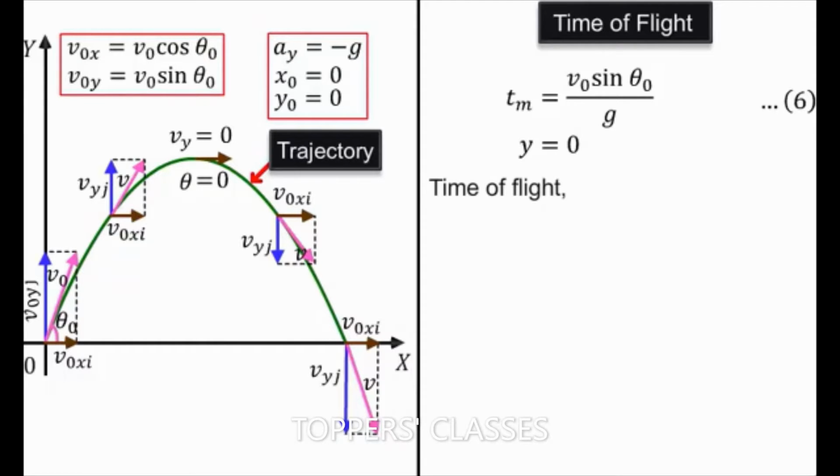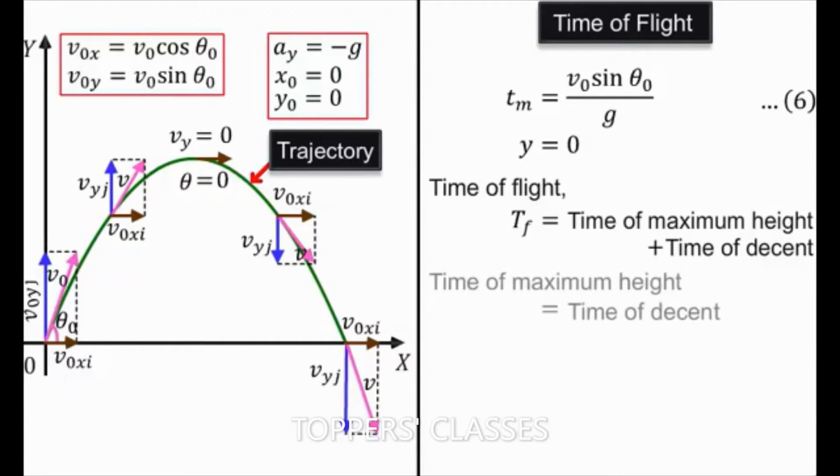By the symmetry of the path of the projectile, which is parabolic, time of maximum height is equal to time of descent. Therefore, Tf is equal to 2Tm. On substitution, we get Tf is equal to 2V0 sine theta 0 by g. Let this be equation 7.